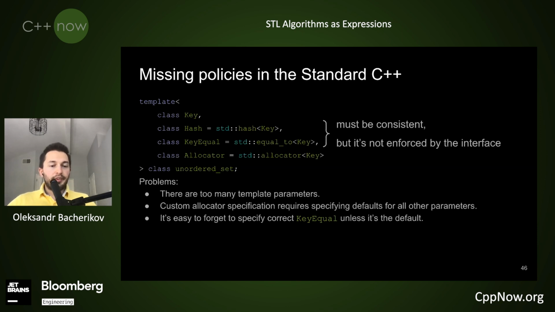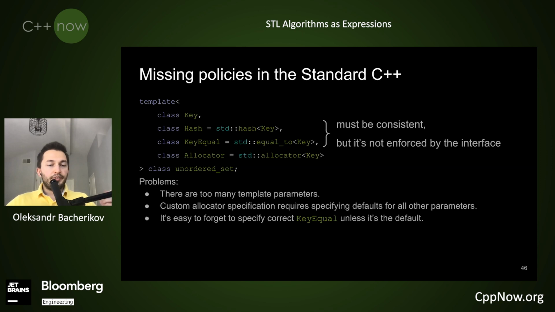Also, in order to specify a custom allocator, we need to also specify all the template parameters before it, which is kind of too verbose. And the most important problem, in my opinion: suppose we implement a specific hash, which requires not the default equal to, but some other custom comparison.